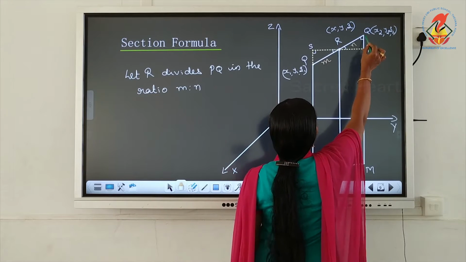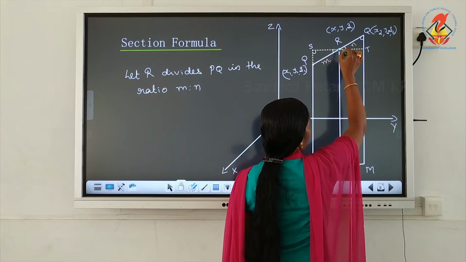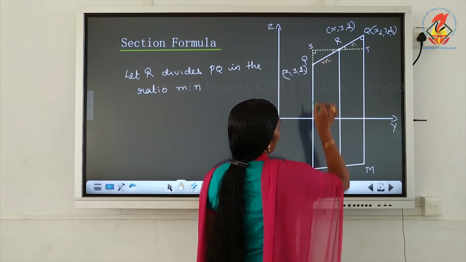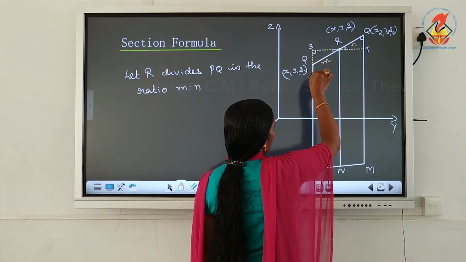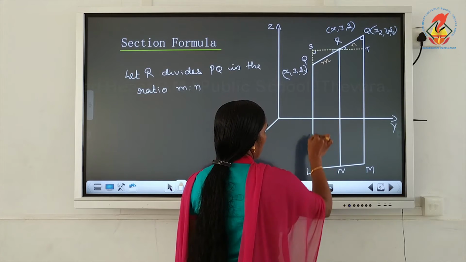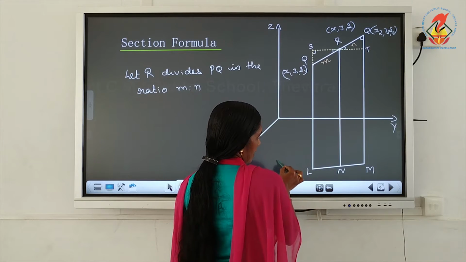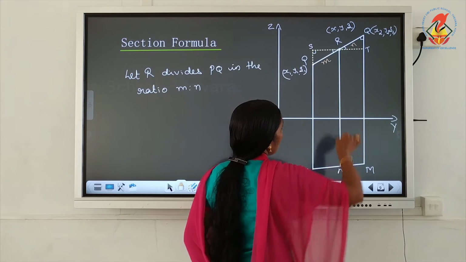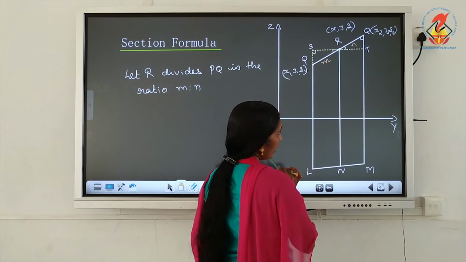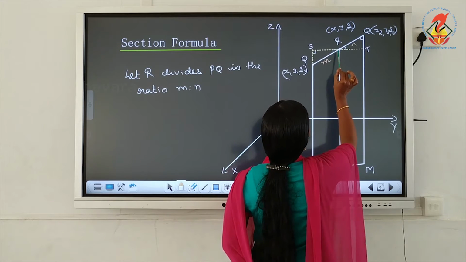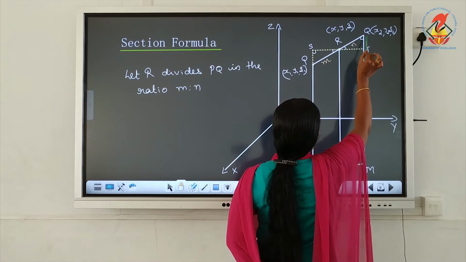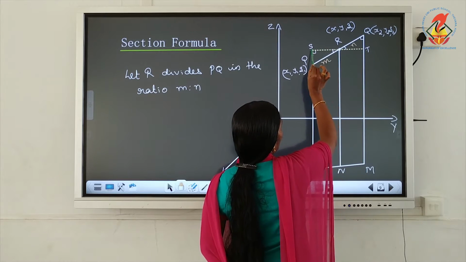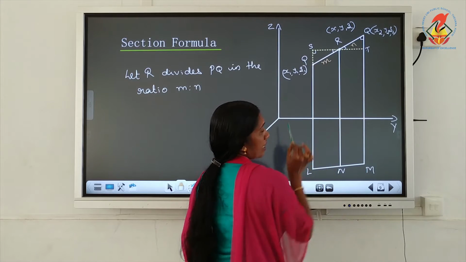So P and Q are given, and R is a point which divides PQ in the ratio m is to n. Then from P draw a line parallel to the z axis down to the xy plane, and from R also, and from Q. Then from R draw a straight line RT to QM, and a line RS to PL.